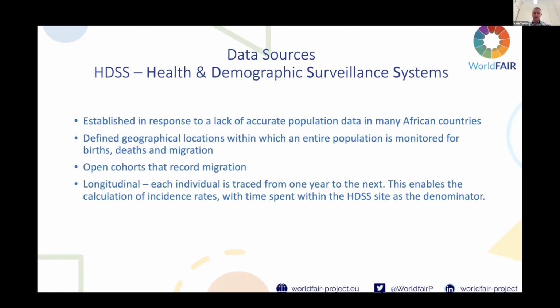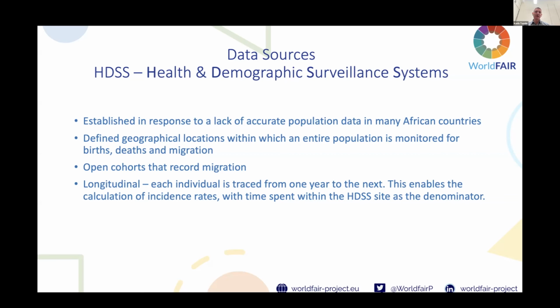And these are very distinct entities. They were first established in the 1950s in response to a lack of accurate population data in many African countries. There was just not the infrastructure to generate the information that was needed to have meaningful public health interventions.